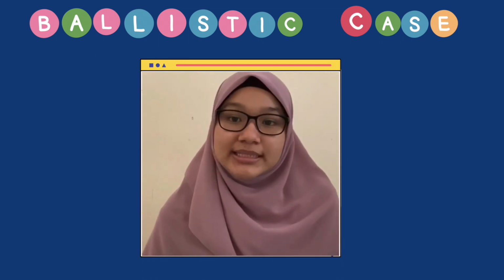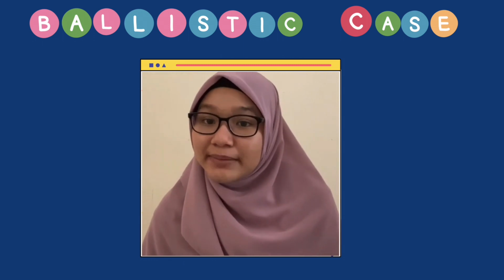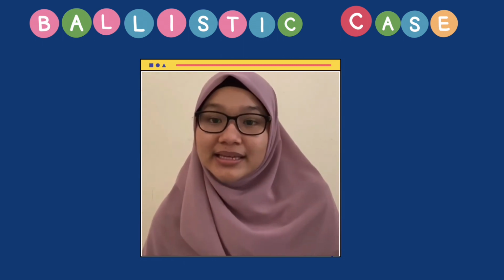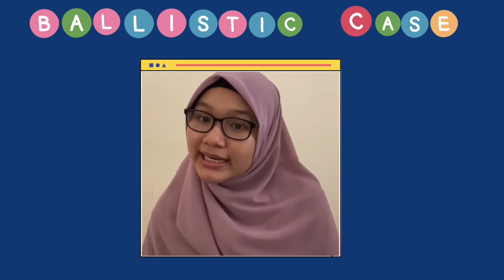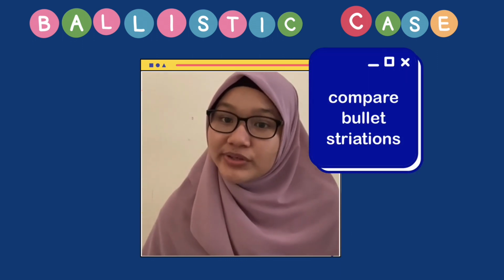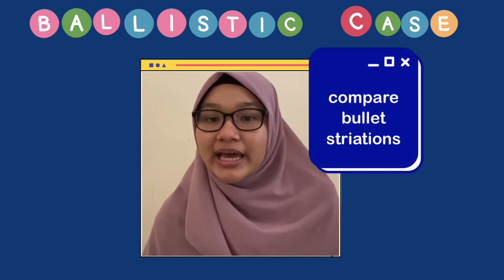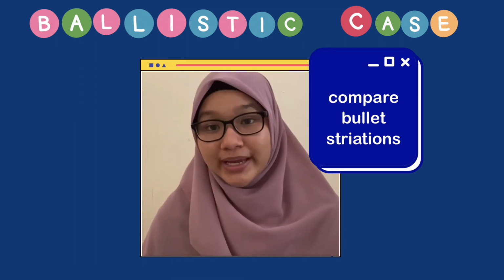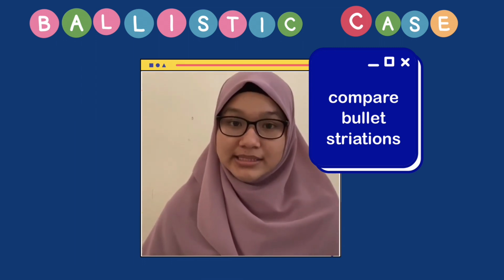So this retest allowed forensic ballistic experts to take possession of that man's gun, and they conducted a test fire to compare the bullet striation from the test fire with the bullet from 1993 that was submitted as evidence.